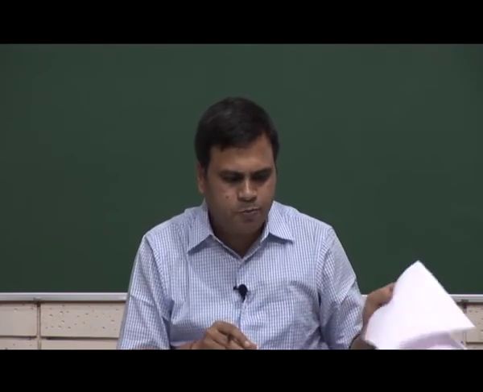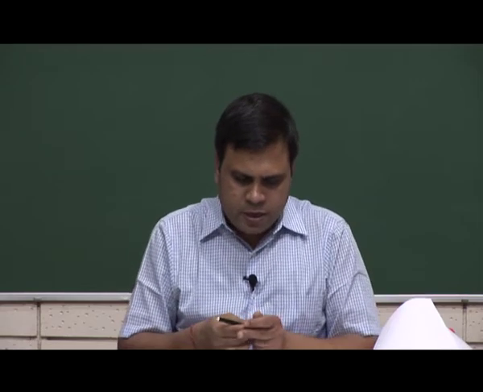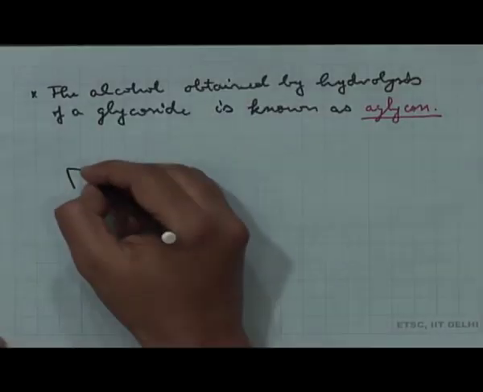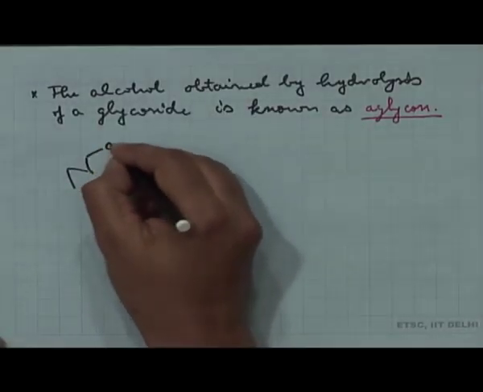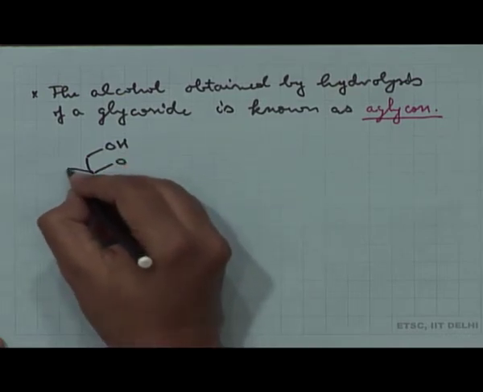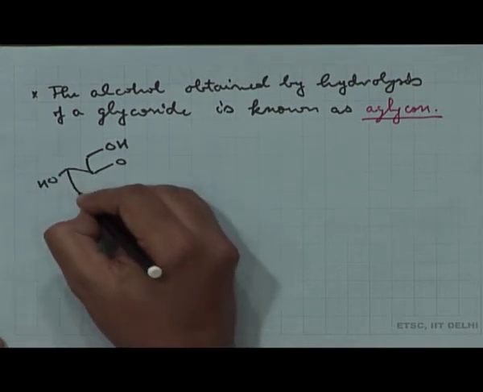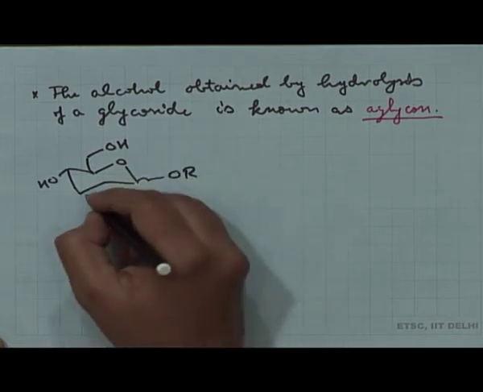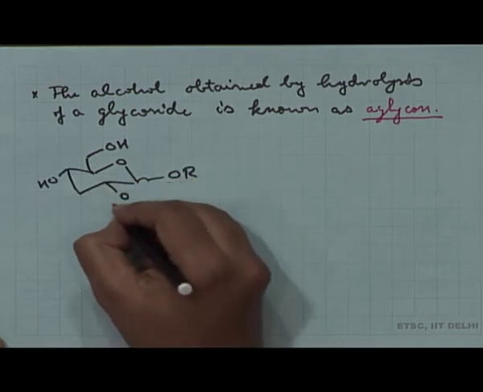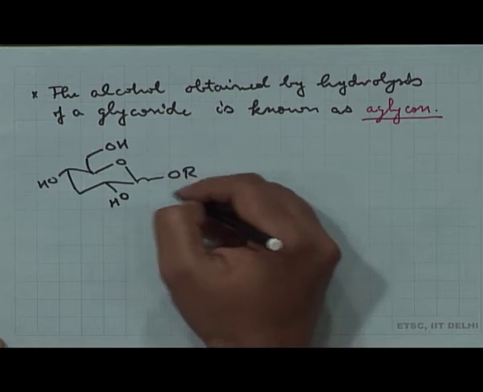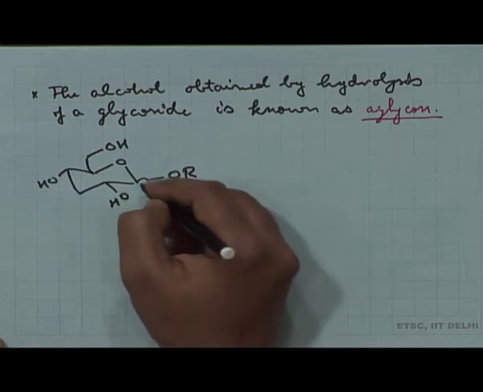To make it more clear, I would like to give you one specific example, and there I am taking a very simple glycoside where the alkyl group is represented by R. So here I am not expressing the OR substituent's stereochemistry.